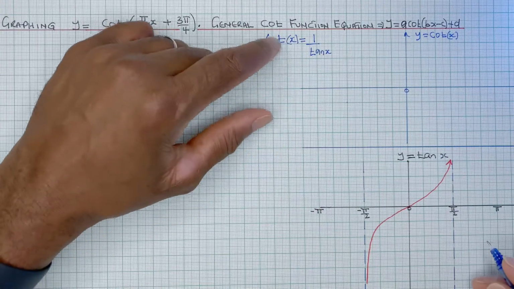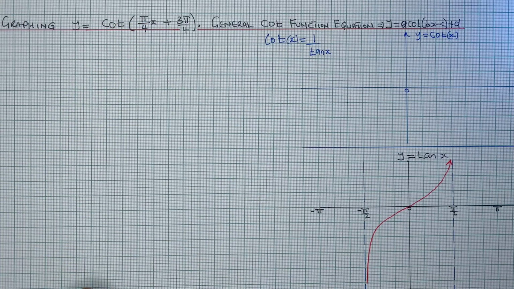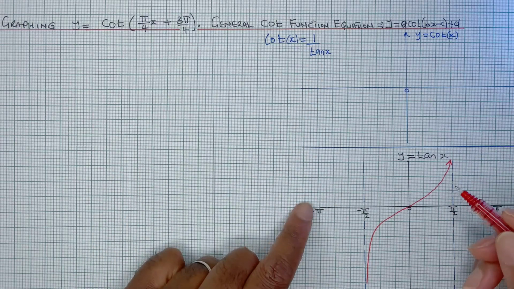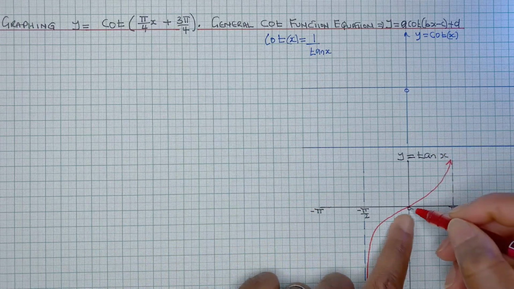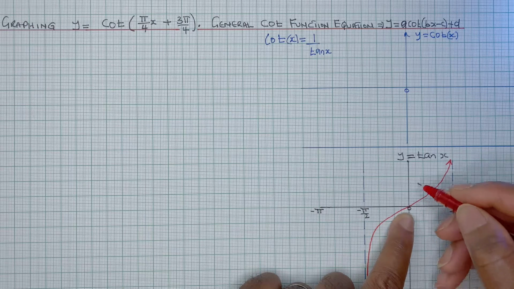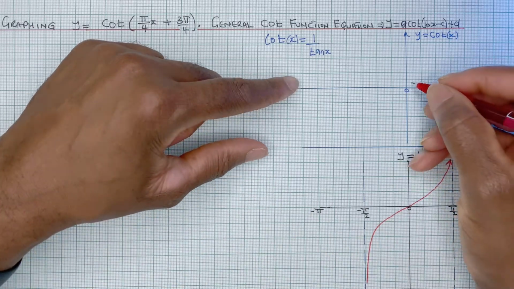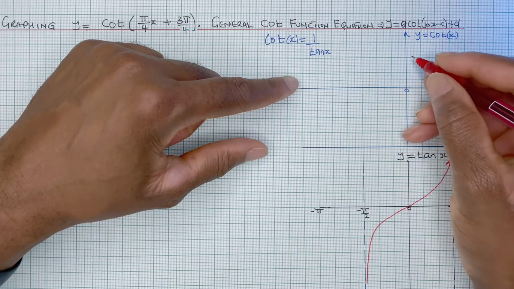So the relationship is a reciprocal. It's an inverse relationship. Therefore, when tan is 0, cotangent is 1 over 0. And 1 over 0 is what we call undefined, it's a line of asymptote.